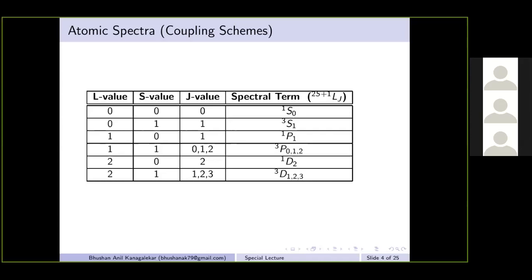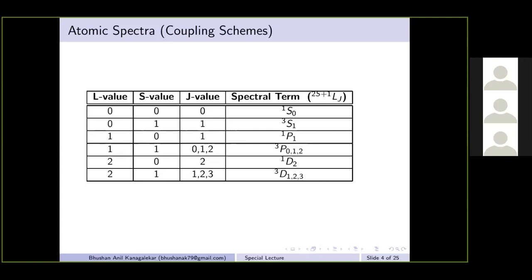So I will take one example. L value is 0 and S value is 0. J value can be only one, that is 0. And the spectral term it gives rise to is 2S plus 1 LJ. You have to prepare the spectral term.